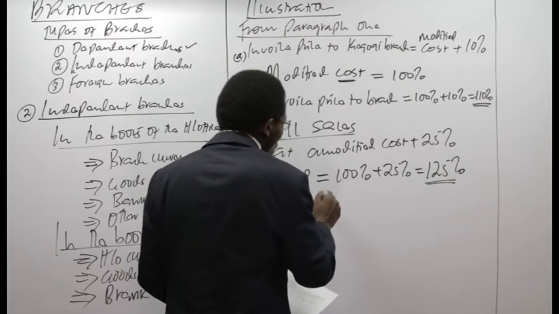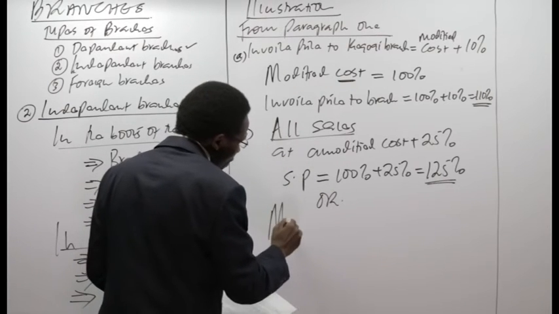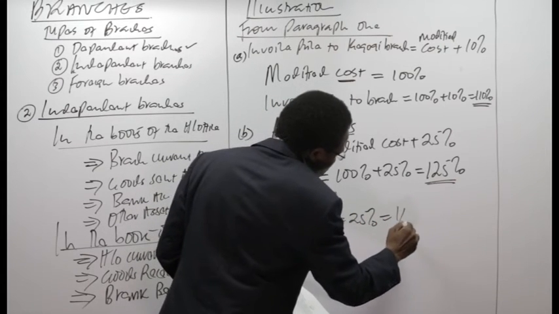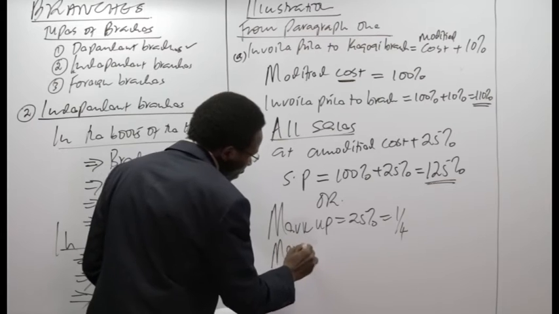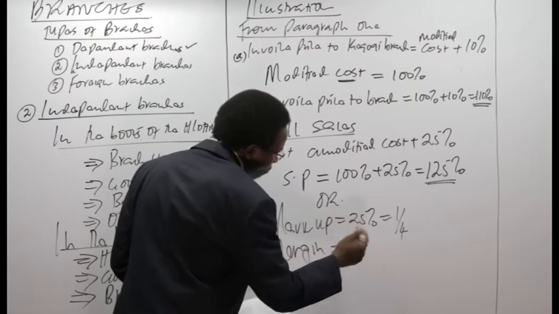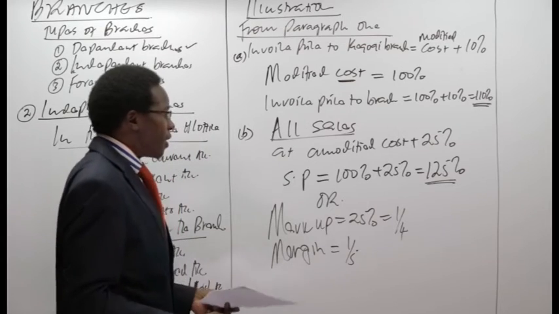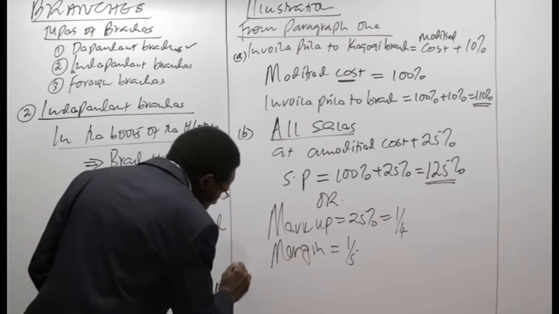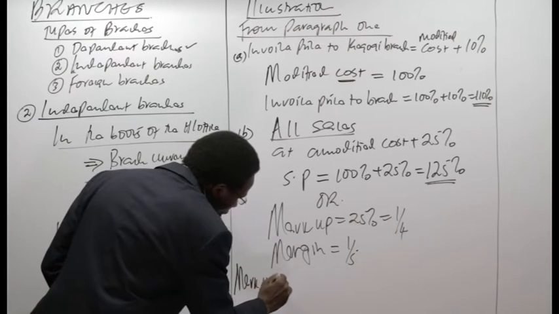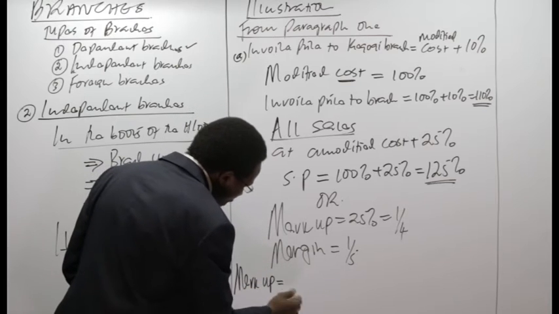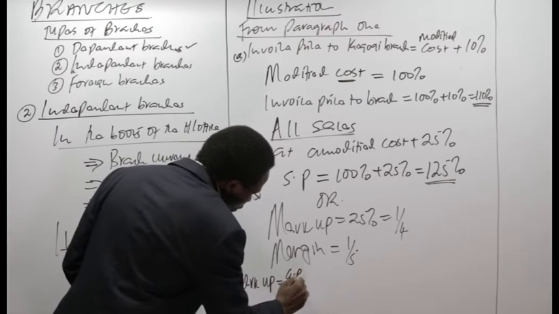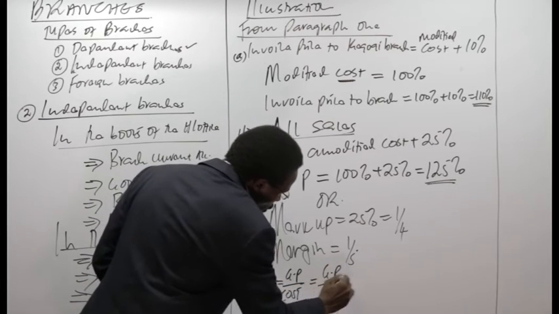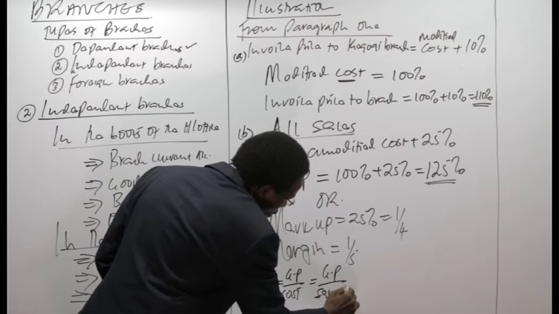That's the selling price. Or I could just say that if we are given a markup, the markup is 25%, which is a quarter. What would be our margin? Our margin is 1/5. Remember, this business of markup or margin, I need to remind you once again that if you talk of a markup, we are saying it is the gross profit over cost of sales, which is the same as gross profit over sales minus gross profit.